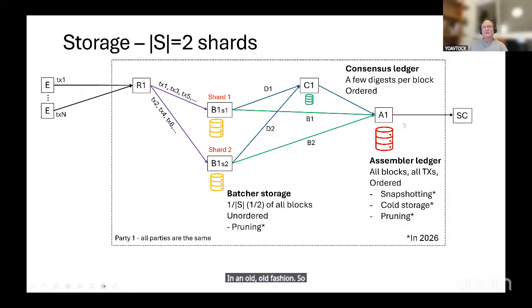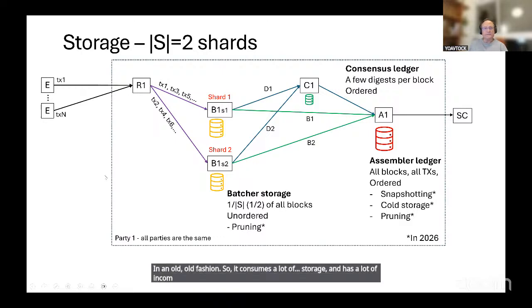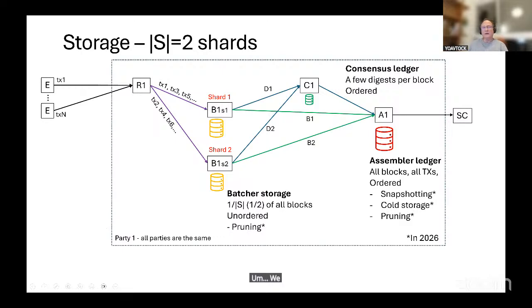So it consumes a lot of storage and has a lot of incoming bandwidth. We have a work plan to manage the storage accumulation in the FabricX orderer, which we will do next year, of pruning some of the storage accumulation in the batches and implementing snapshotting, cold storage, and pruning in the assembler ledger.